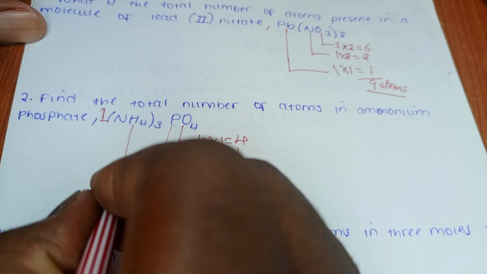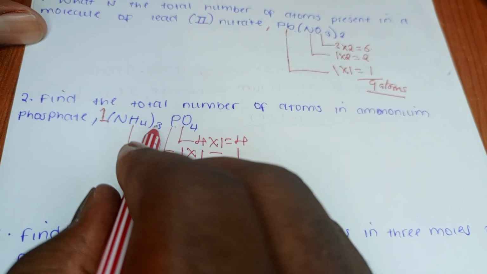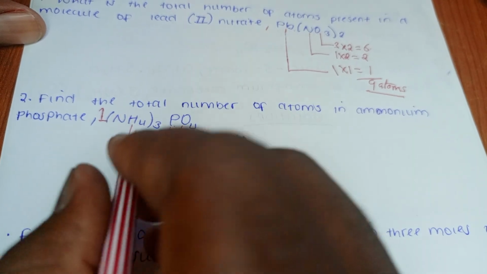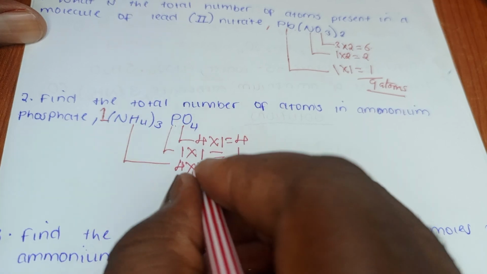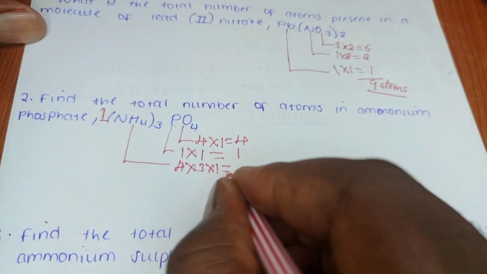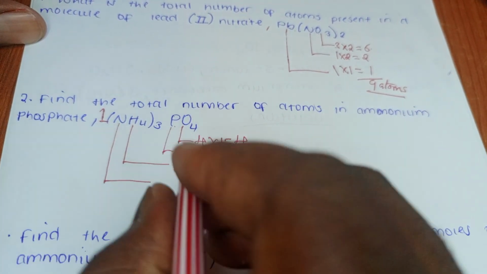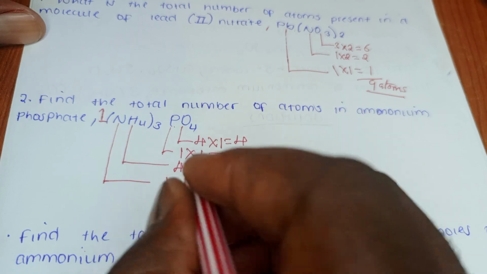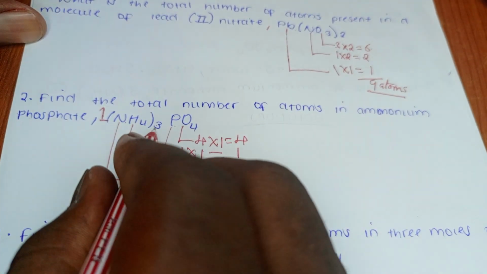Then again hydrogen. Don't forget here, this 3 multiplies everything inside the bracket. So this 4 multiplied by the 3 there, then multiplied by 1, equal to 12. Then nitrogen again, we have this 1 in front here, multiplied by the 1 here, then again multiplied by this 3.